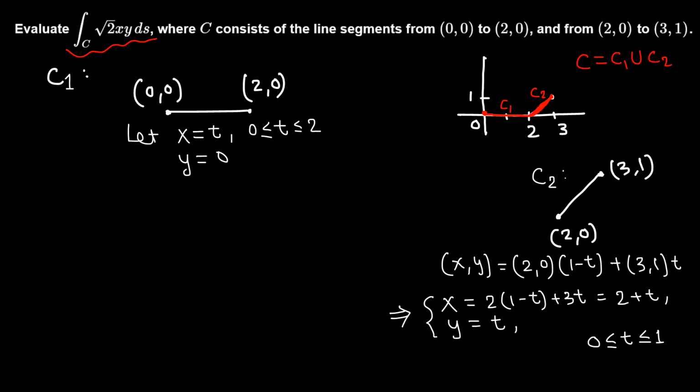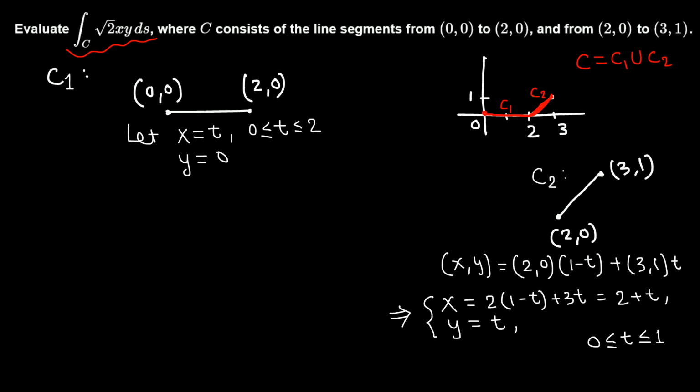That's the equation of this line. Then x is anything, just take t. Or we could leave x as itself, but let's take x equals t, and look closely, x runs from 0 to 2. So t now runs from 0 to 2.